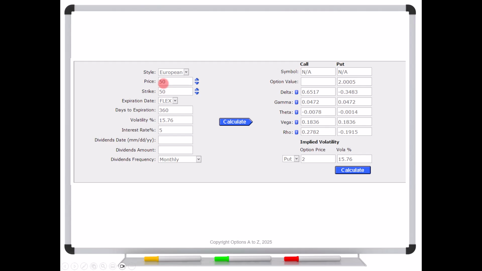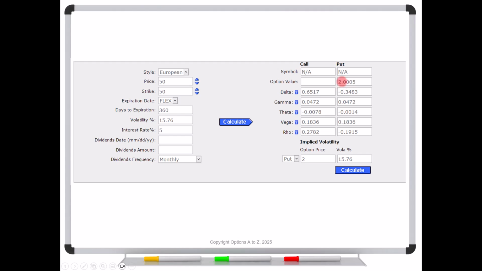We've got the stock price at 50, strike at 50, 360 days to expiration, interest rates at 5%. Now, I've chosen this seemingly odd volatility number of 15.76. Why? Because that's the volatility necessary to make this put worth 2. And earlier in the presentation, I said, let's just pretend that it's trading for 2.